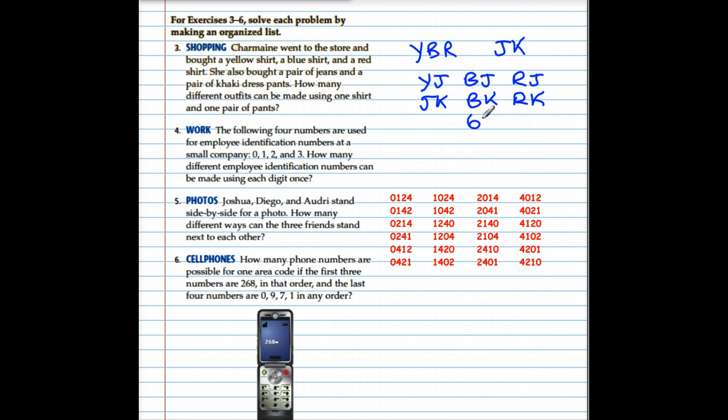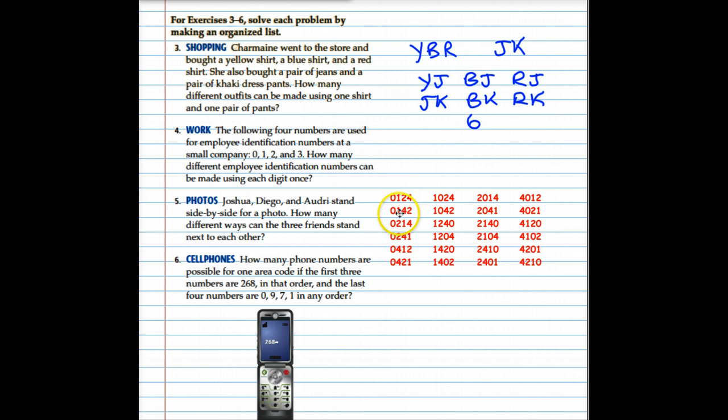Number 4, a little more involved here, a lot more outcomes. The following 4 numbers are used for employee identification numbers in a small company: 0, 1, 2, and 3. How many different employee identification numbers can be made using each digit? This list is a little more involved, but again follows the same organization. I made all the combinations I could start with a 0.